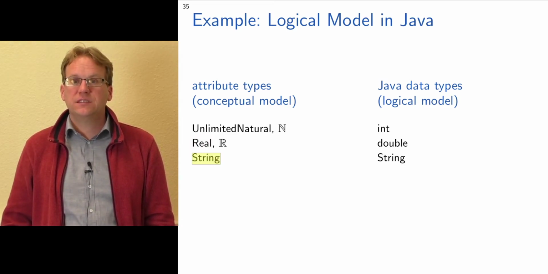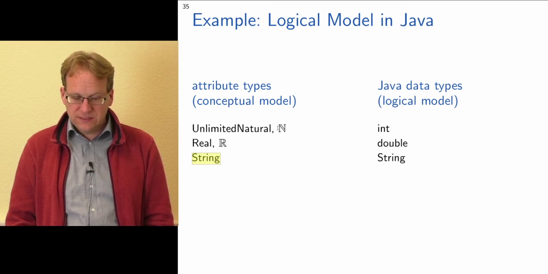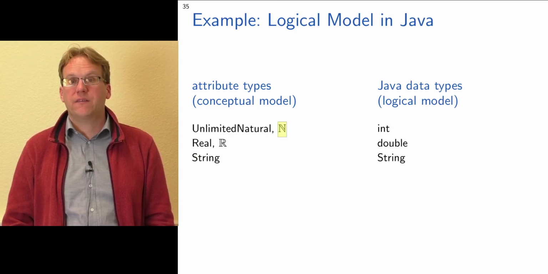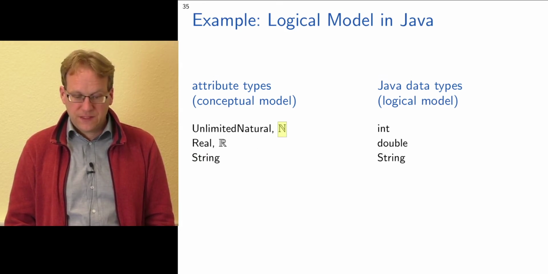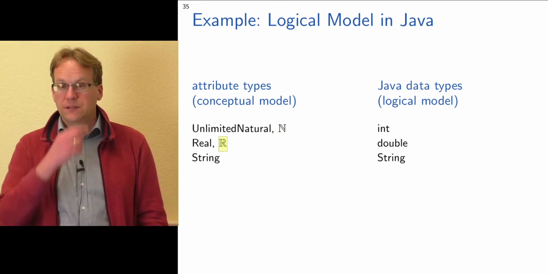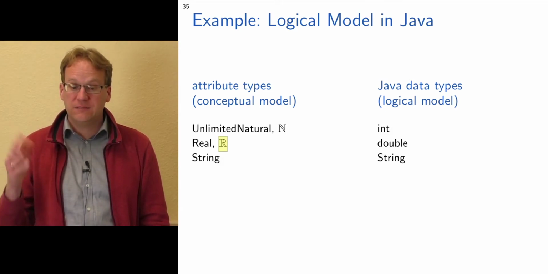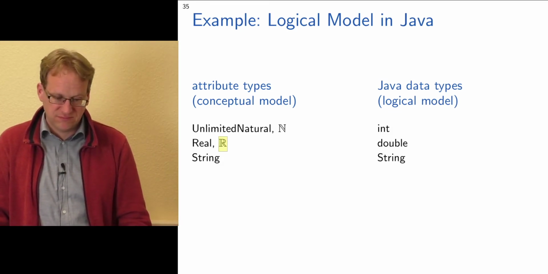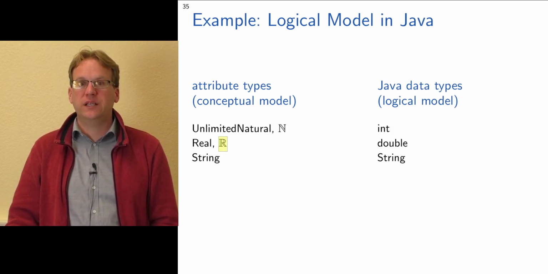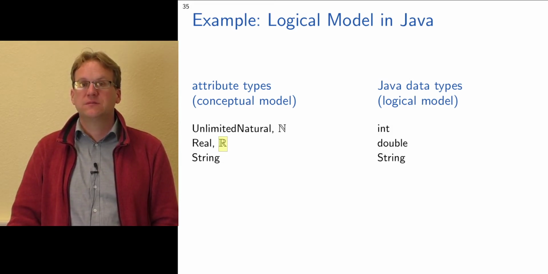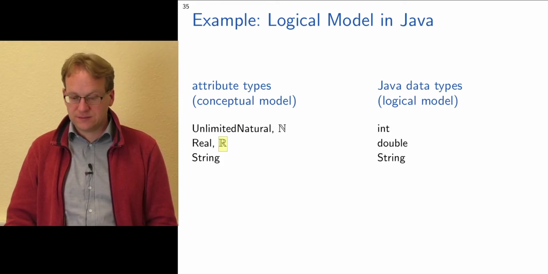That is defined in the UML standard, and it corresponds very nicely to mathematical concepts like the set of natural numbers, the set of real numbers. So UML defines these data types in a mathematical way, similar to these sets commonly used in mathematics.